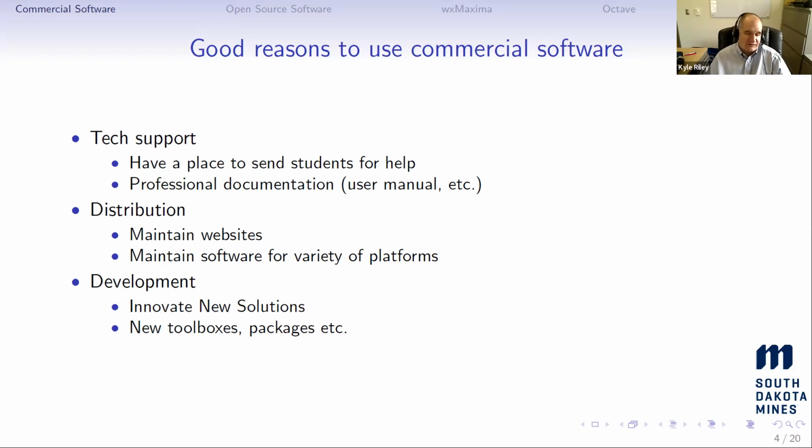There's more investment in those kinds of things with commercial software, so that's a little bit more robust as well. Development: often these commercial systems are trying to outdo each other, and so there's more investment in trying to do new things, new toolboxes, new packages, new other things to incorporate. So that's another advantage they have as well.